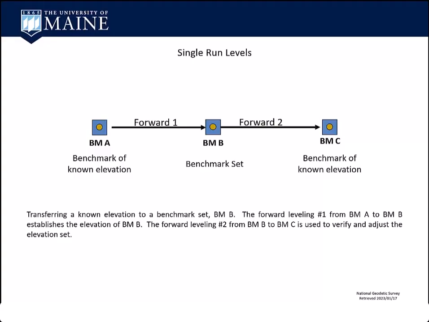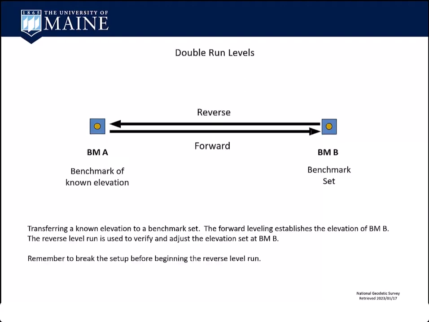When you use the instrument to establish B, and now you want to return back to A, just break the setup, set it up again, sight B, and then return to A. If you don't break the setup, there's no redundancy, there's no check on that rod reading that you use to establish B. This is called a double run level circuit.